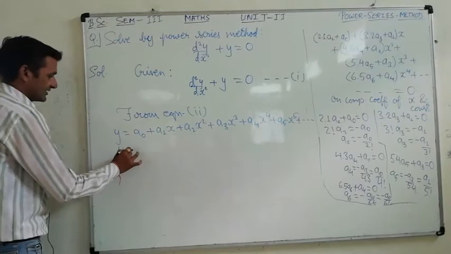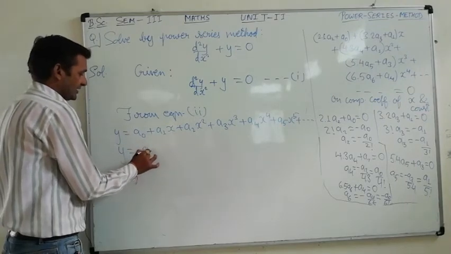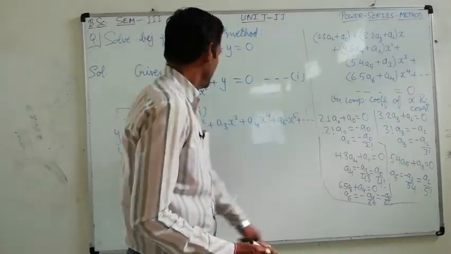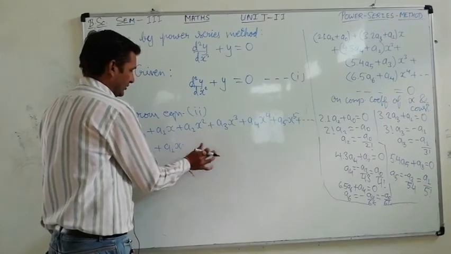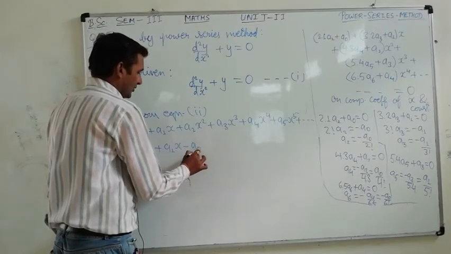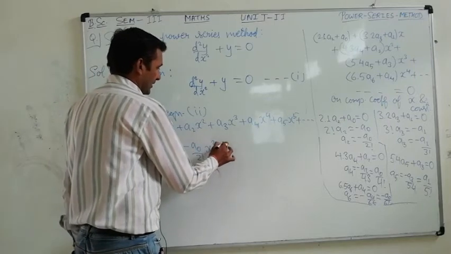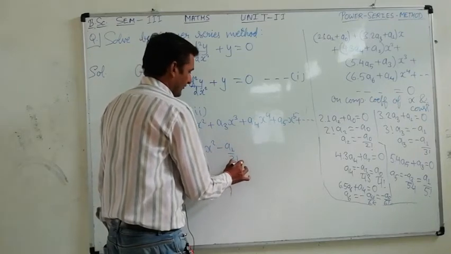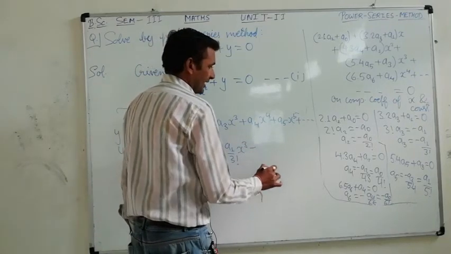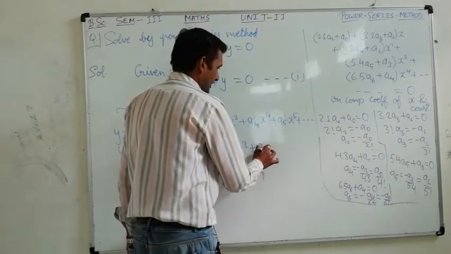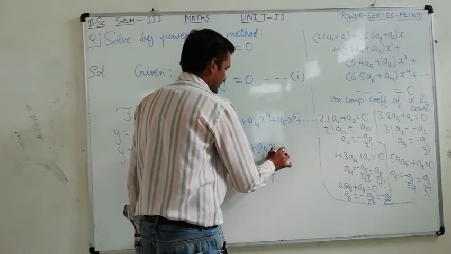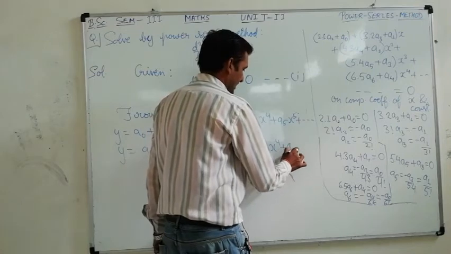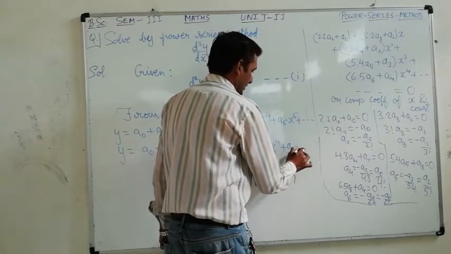So, this y is written as a0 plus a1x plus, value of a2 is minus a0 upon 2 factorial x square, plus a3 value is minus a1 upon 3 factorial x cube, a4 value is plus a0 upon 4 factorial x raised to the power 4, a5 value is plus a1 upon 5 factorial x raised to the power 5.